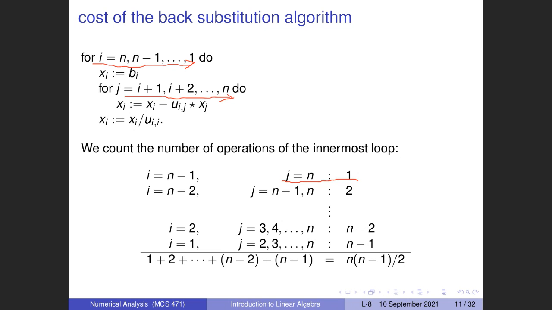So the way to read this here is that every line expresses the cost that is required for one number in the solution vector. So the first number requires n minus 1 operations.